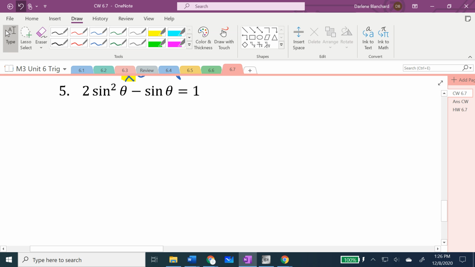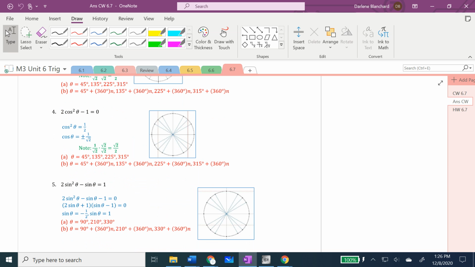And for this problem, I would strongly recommend replacing sine theta with a letter. You can use any letter you want to help you out.